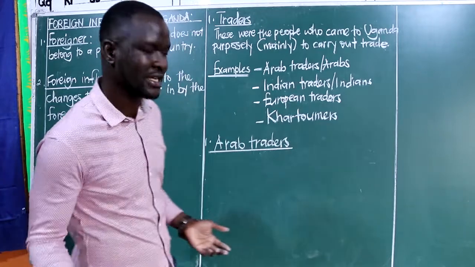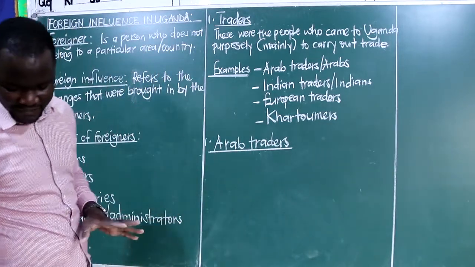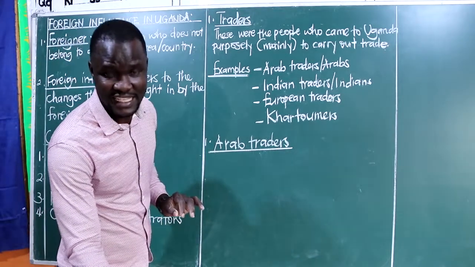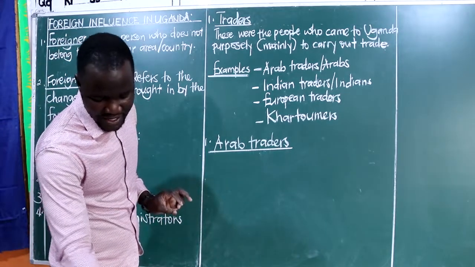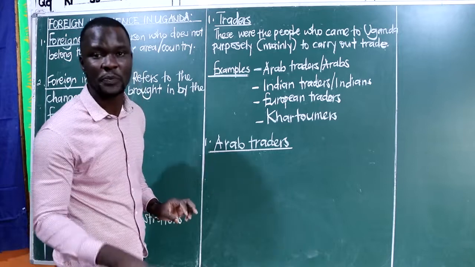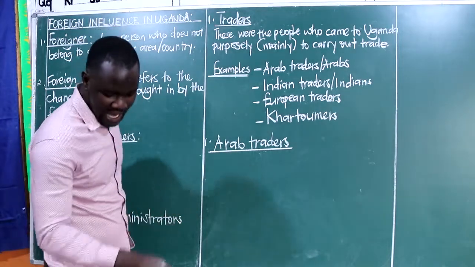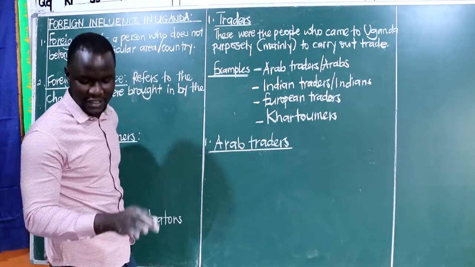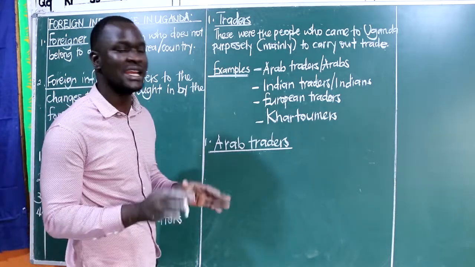As simple as that. Now, in our primary 5 class, we shall be able to note that on page 16, it tells us that they were the first group to come to Uganda. And secondly, we are told that the first Arab trader came in 1844. That was Ahmed bin Ibrahim.